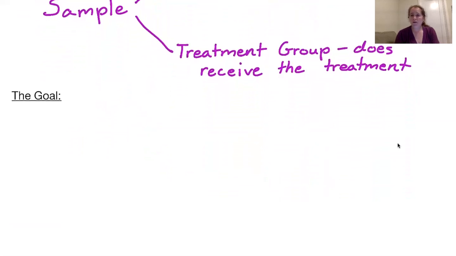The goal here when we're designing an experiment is we want to design the experiment in such a way that the treatment or lack of treatment is the only thing that should be influencing the results.